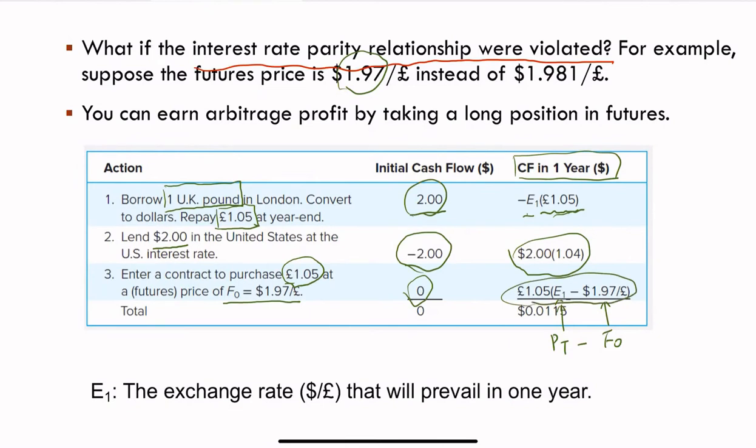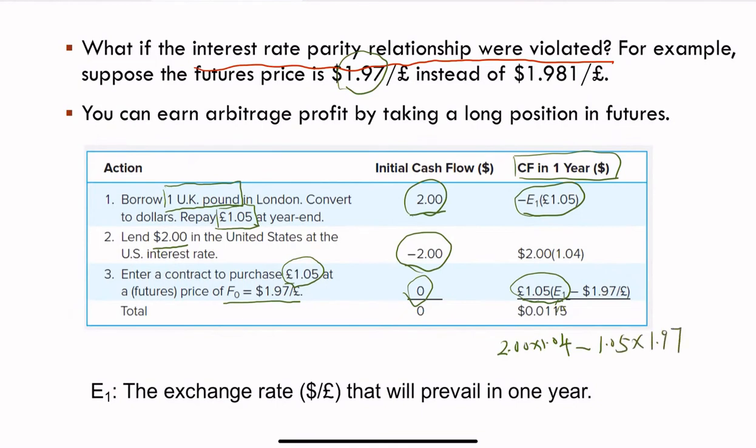Okay, now having explained the different components, you can see that this and this will offset each other. So your final profit would be this number minus 1.05 times 1.97, which is 0.011.